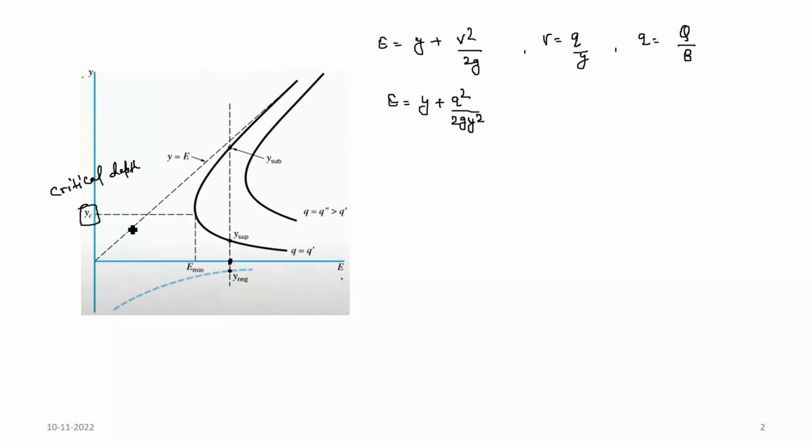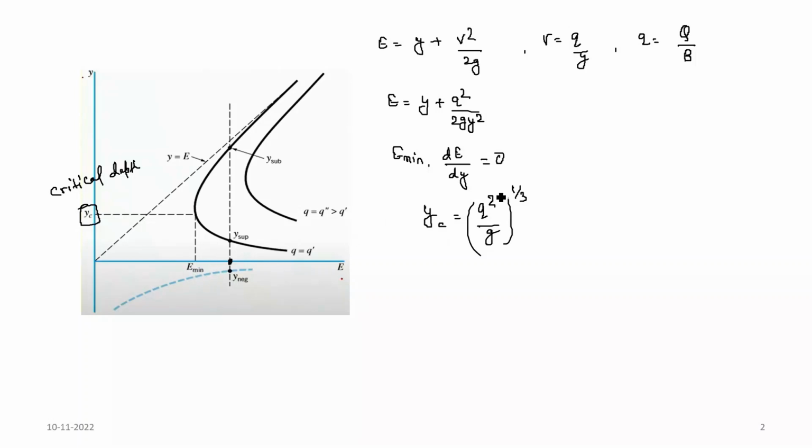For finding E minimum, dE/dy = 0, and when we solve this equation, we get yc = (q²/g)^(1/3). This yc is called the critical depth, and this critical depth corresponds to minimum energy.